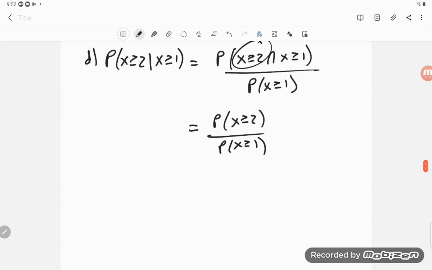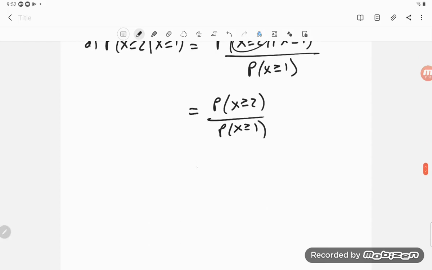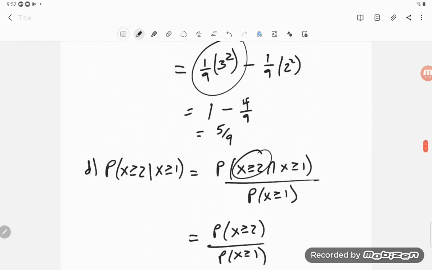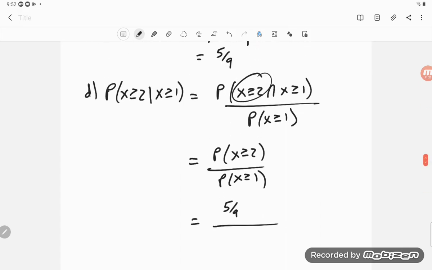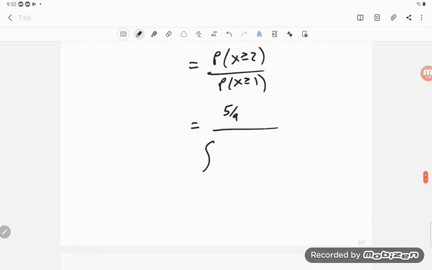And in terms of area, well, let's go ahead and calculate this. Now, I know from up here, I get 5/9 for this one. And that's divided by the integral from 1 to 3 of my 2/9 x dx, got it right this time I hope.